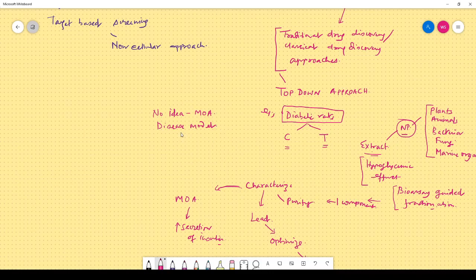Then you found out that the drug has got an activity in that disease model. Then you go and find out the mechanism of action. So this is called a top-down approach: approaching a screen from a disease to a mechanism. Okay.